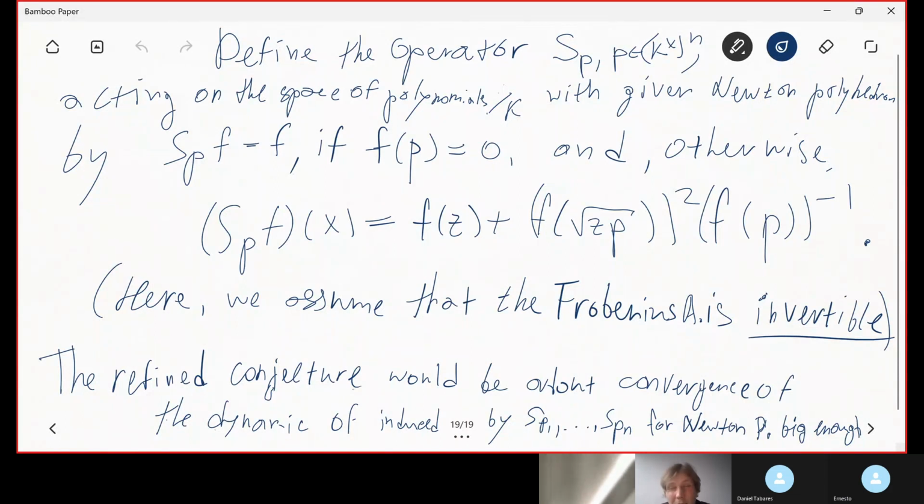Also, there is some technicality that we were defining GPs for omega tropical polynomials. Now it's for just usual tropical polynomials, but this is minor.